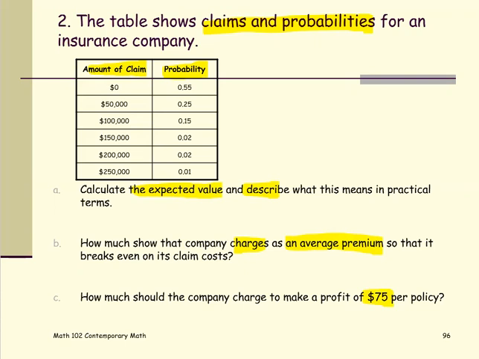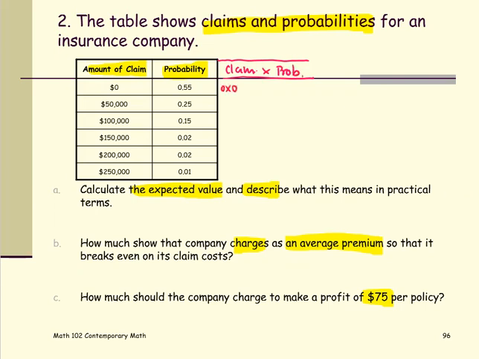So let's get started on part A, to find the expected value. To compute the expected value, we have to find the product of the claim and its probability. Then we're going to create another column, which is the column of the product of the claim amount and its probability.